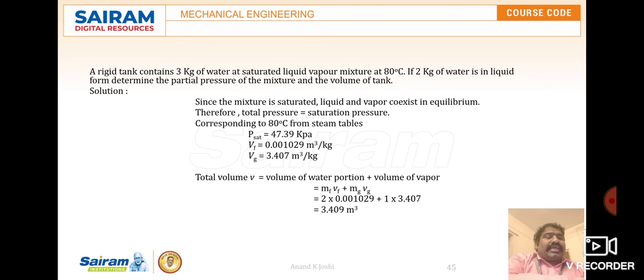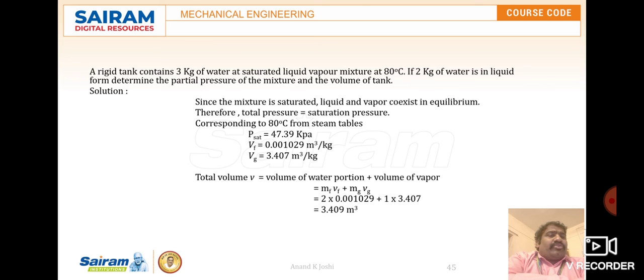This is the kind of problem you can solve. In industry, most of the time steam is stored, and sometimes it is required to know the capacity of the steam that is going to be stored or contained.